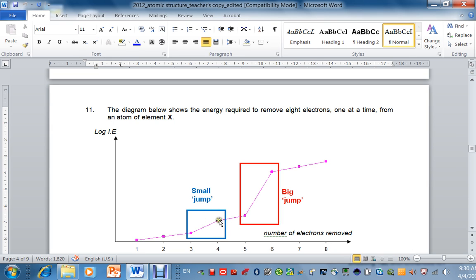This is what I call a small jump, meaning it's larger than the other normal increases, but smaller than this big jump here. So the increase here is slightly larger than expected. This sort of small jump will be due to a change in the subshell. Remember we said that the 5 valence electrons are arranged according to this electronic configuration.